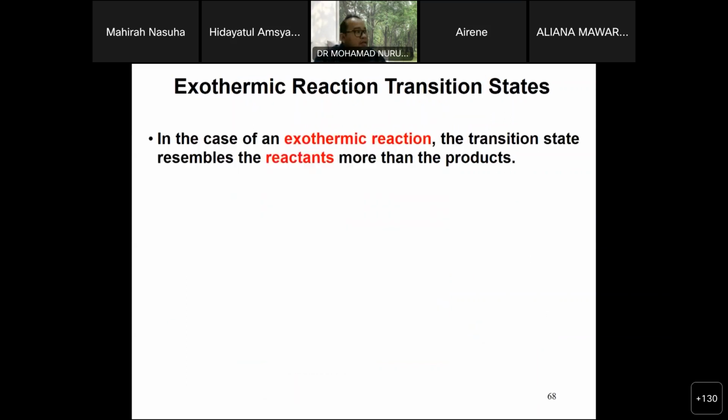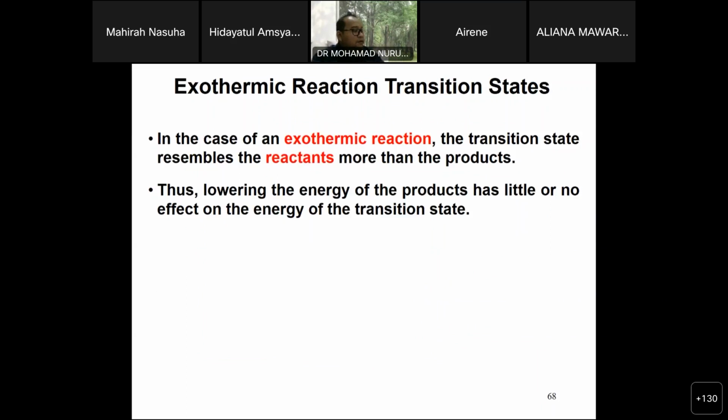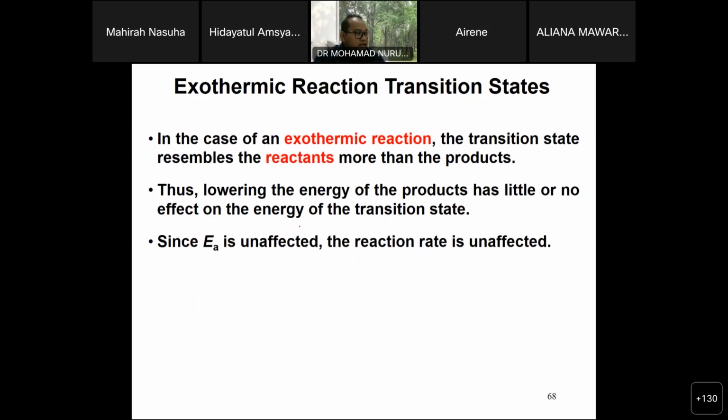For exothermic reactions, there is another energy diagram. The transition state resembles the reactants more than the products, so it is more favorable to reactants compared to the products. It lowers the energy of the products and has no effect on the energy of the transition state, so the activation energy is unaffected and the reaction rate is unaffected.